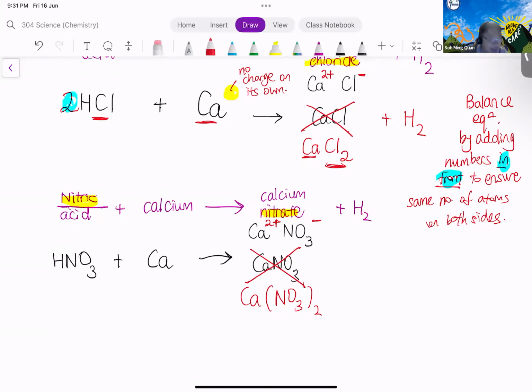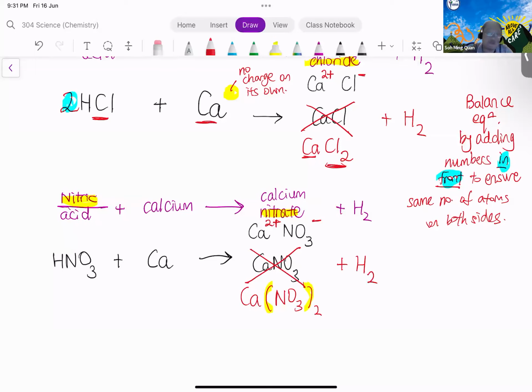Remember, you must use brackets. Why must use brackets? Because you have 2 of the polyatomic nitrate ion.